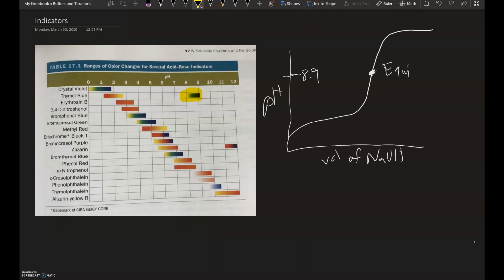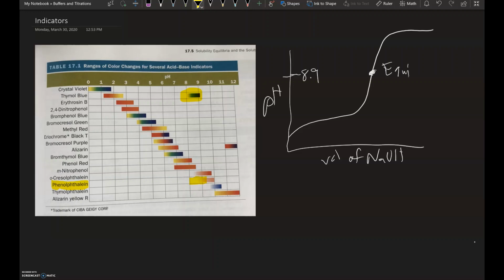I come down to, let's see here, phenolphthalein, and I can see that that actually changes around 8.8 to 8.9. So we would want to use phenolphthalein for our indicator.